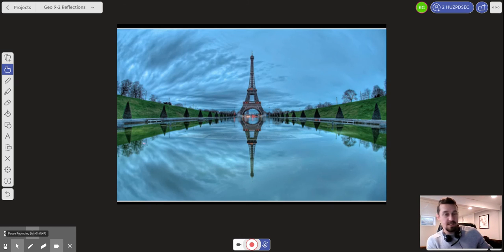And you can also see that here in this really great image of the Eiffel Tower. If you were to draw in the line of reflection, well, that would be kind of our horizon line here.